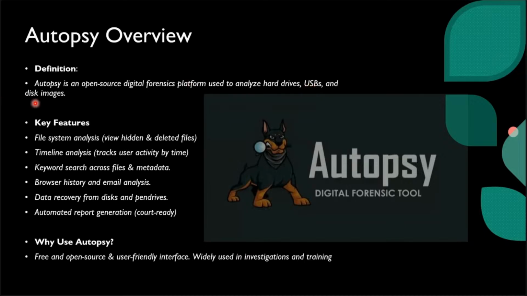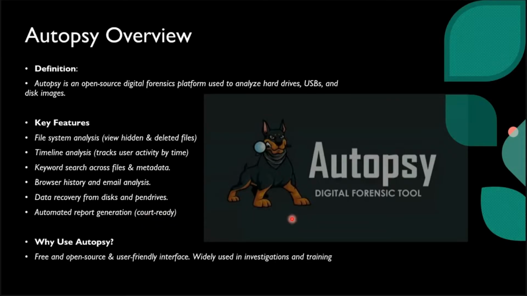And yeah, the key feature: after everything is processed, the results will be generated in HTML or CSV report format. We'll get a report of all the things that we have recovered or extracted. Why we are using Autopsy: it is free, open source, and has a user-friendly interface, widely used in investigation and training.